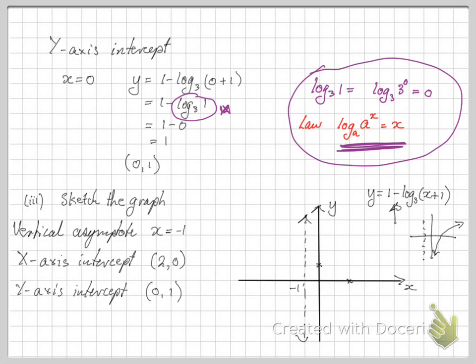What's positive will be negative, what's negative will be positive, so it's going to be coming down that way. And then we've got a vertical translation of plus 1, so it's going to be shifted up 1. So we're going to have something that looks like this, coming down that way like that. So sketching that in now on our proper axes, it should look something like this.